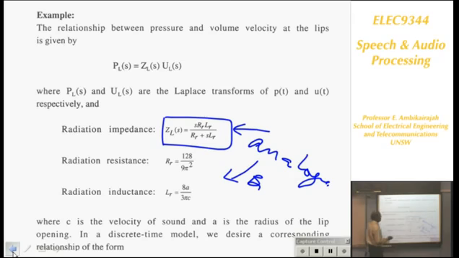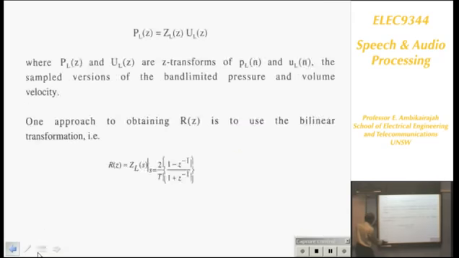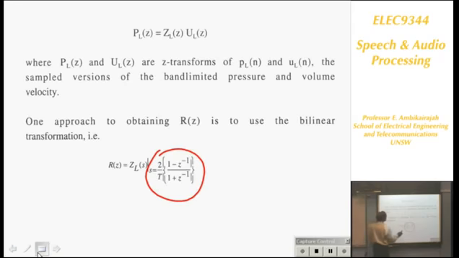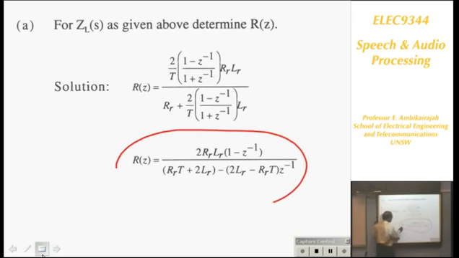Here is the bilinear transformation, 2 over T. Once you do the bilinear transformation, you get your equation, this one. And this becomes 1, 0, and also you got a 1, 4. All these values are given. So the radiation pattern has an equation.